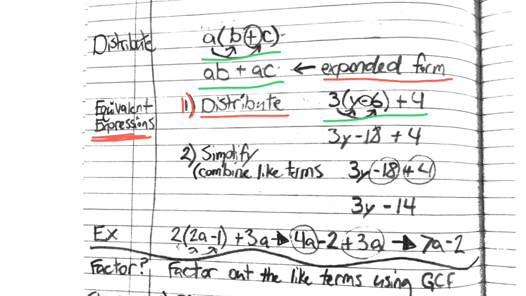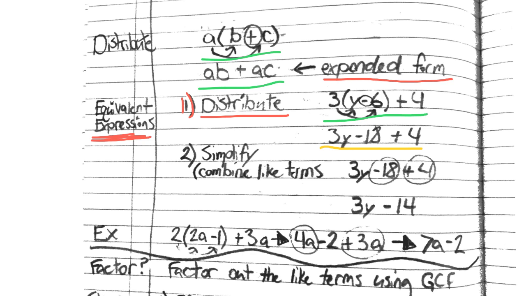So you are ignoring that 4 on the side for right now. So once I distribute, 3 and y is going to become 3y, we write our minus at the bottom, and then 6 times 3 is 18. Now, we can't forget about that 4 over on the side. It's just not a part of our multiplying, our distributing, because it's on its own. So we write that down there also.